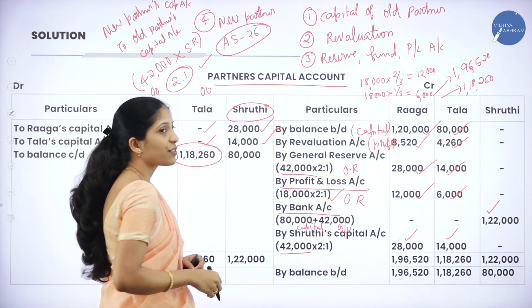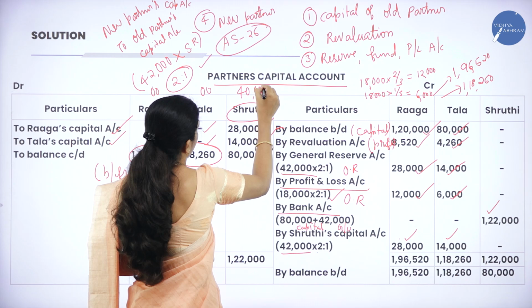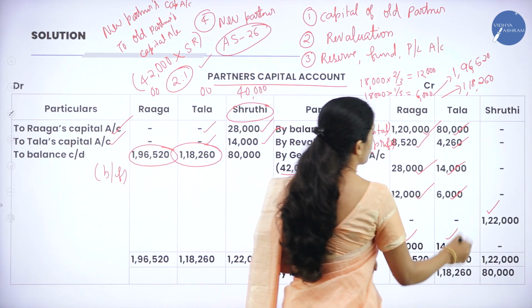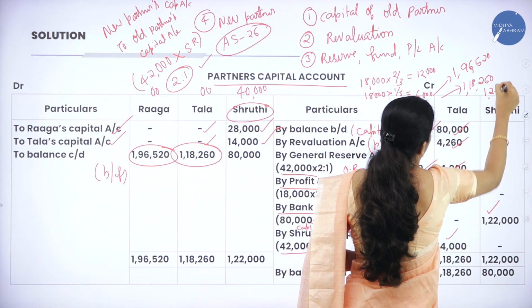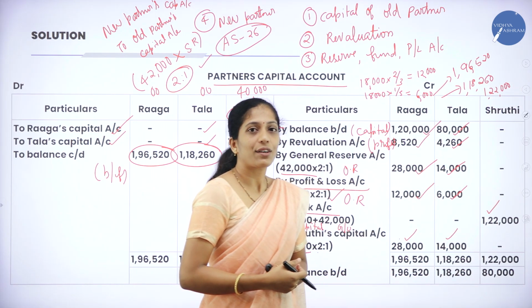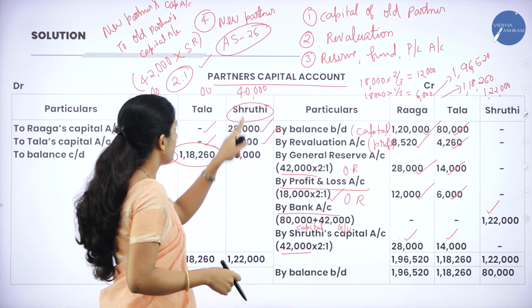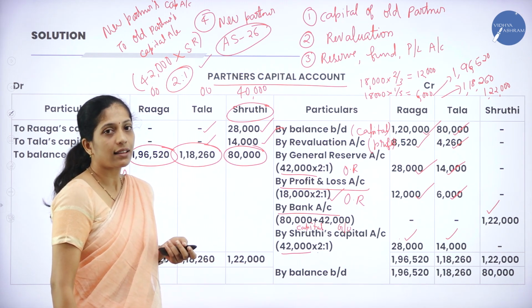In the same way for Shruti. Here 28,000 plus 14,000, so it's 40,000 on the debit side, two items. Whereas on the credit side, it is 1,22,000. So 1,22,000 is greater. Write 1,22,000 on both sides, minus 40,000. So we'll get a balancing figure of 80,000.